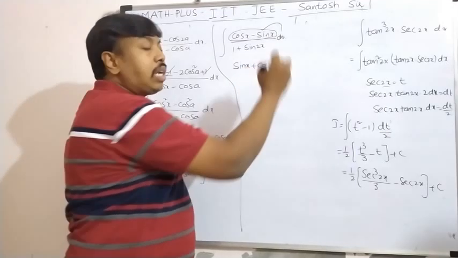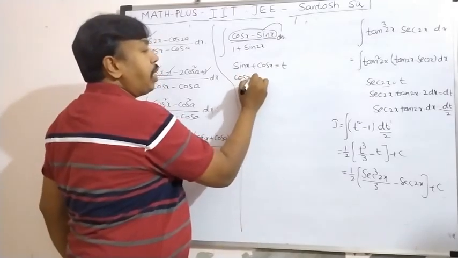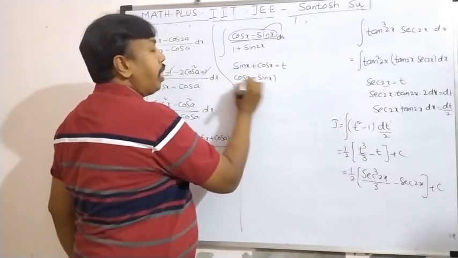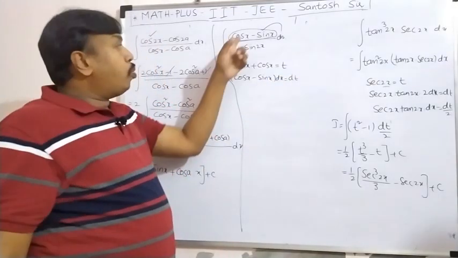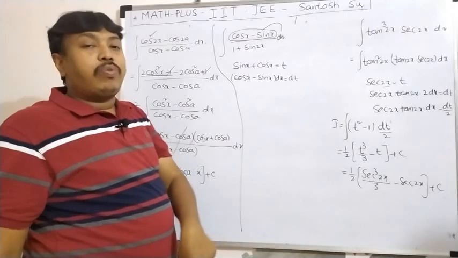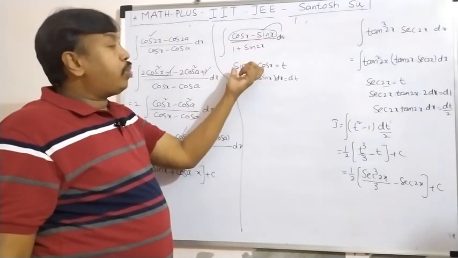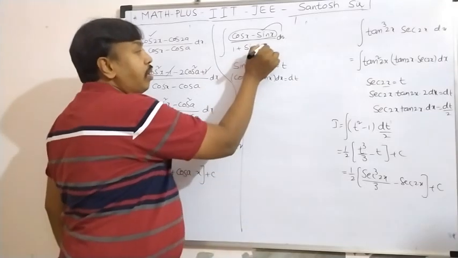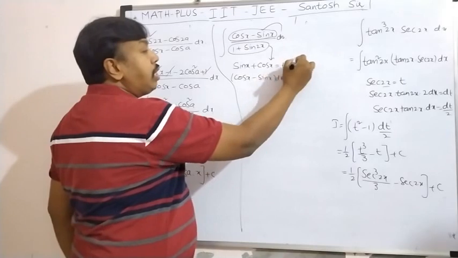So indirectly if I take this function as t, cos x minus sin x into dx we will get as dt. Understood everyone? So the numerator is the derivative of which function? If you recognize that, automatically you will get what substitution we need to take. And what is the relation? How can this function be converted in terms of this? So now take this as whole square.